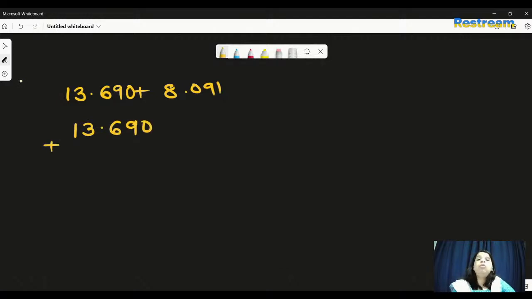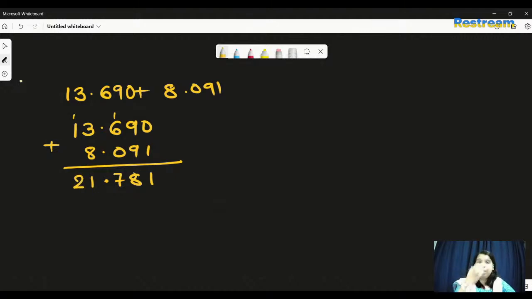When you know how to add whole numbers, you know that writing the numbers properly one below the other is very important. If you don't do that, you are going to have problems. So 0 plus 1 is 1, 9 plus 9 is 18, 1 carry, 6 plus 1 is 7. We carry forward the decimal point as it is. 3 plus 8 is 11 and 2.